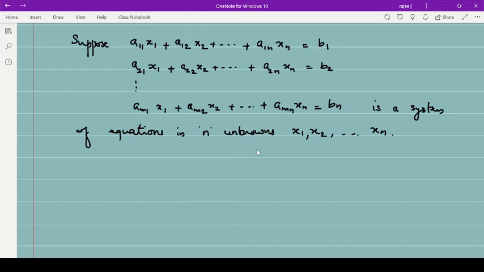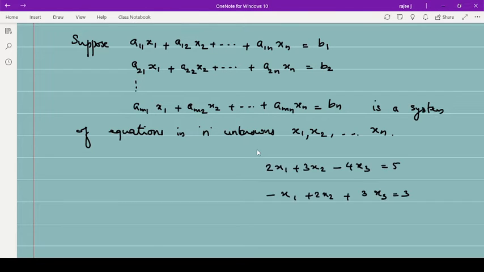For example, say 2x1 plus 3x2 minus 4x3 equal to 5, and minus x1 plus 2x2 plus 3x3 equal to 3.